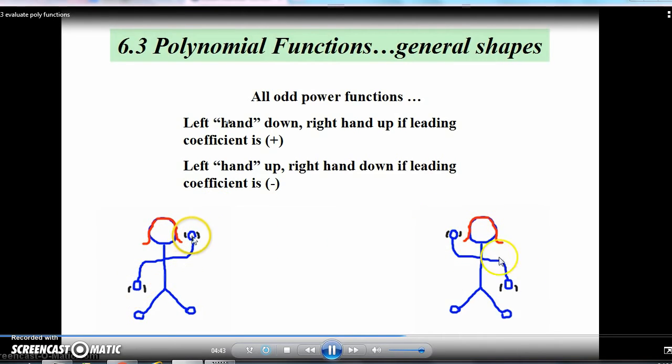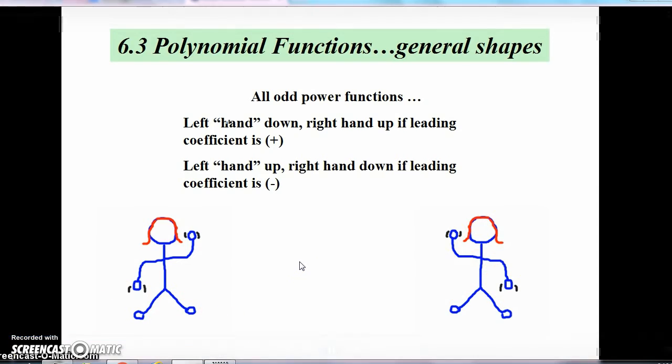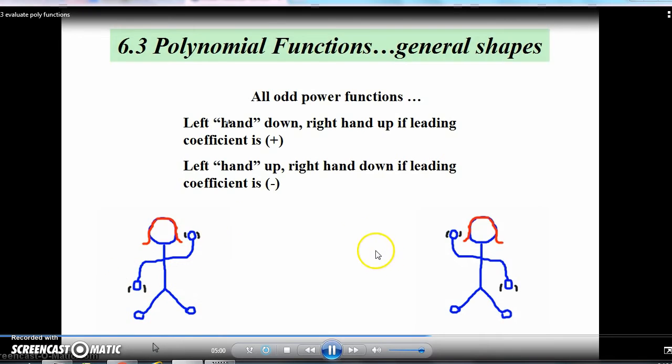This would be a negative leading coefficient. Even if you've got really curvy graphs, that would be positive leading coefficient, and this would be negative leading coefficient. So whether it's a first degree, third degree, fifth degree, seventh degree, ninth degree, these would be your end behaviors.